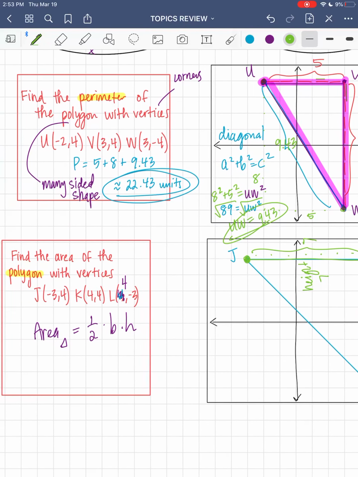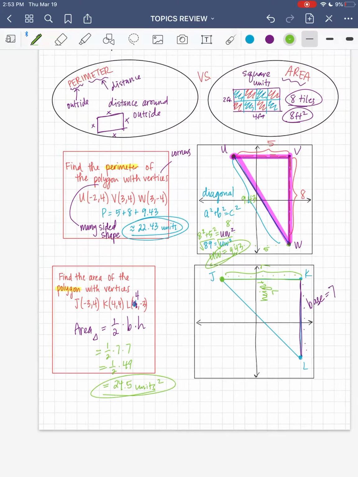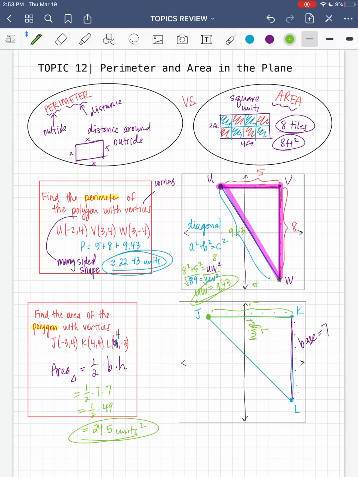So my area is 1/2 times 7 times 7, which is 1/2 times 49, which is 24.5. 24.5, and that is units squared. Nice. All right, that is perimeter and area in the plane.